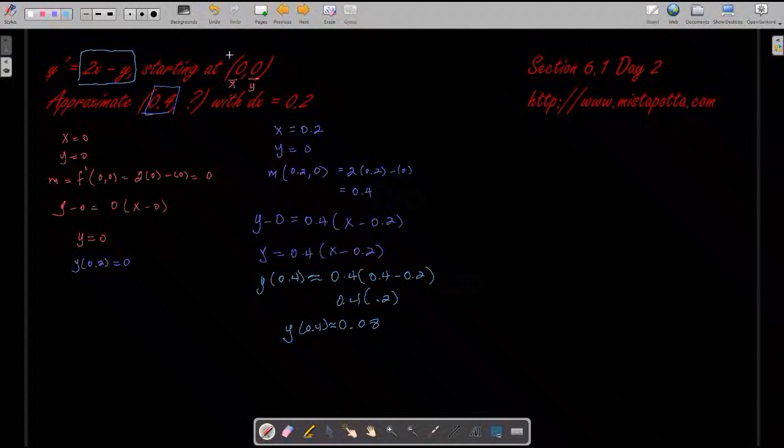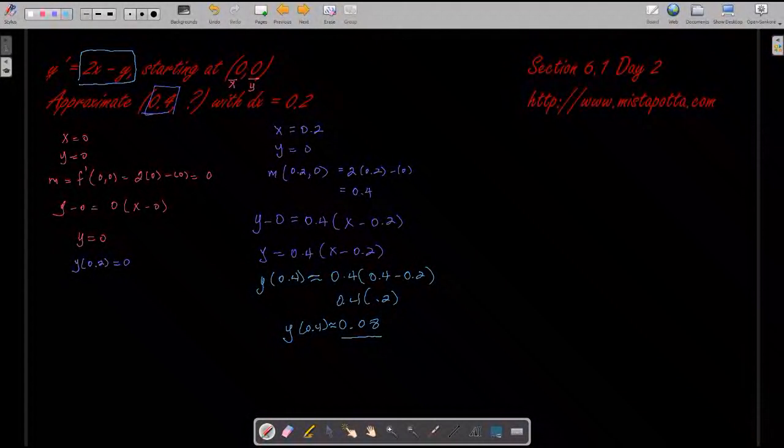That's really the best guess that I can do. But notice that Euler's method gives us a much more precise approximation.